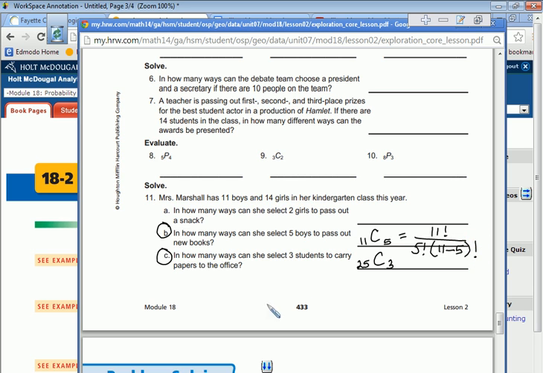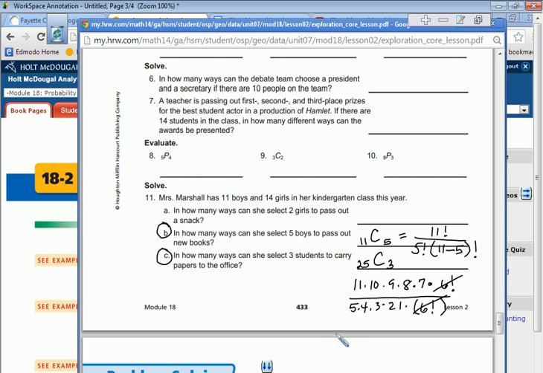All right, so how would we do this without a calculator? Hopefully you all got to this point. Because if you didn't, that means you didn't learn yesterday's lesson, or maybe I didn't show enough work on my problems. So we do 11 times 10 times 9 times 8 times 7 times 6 factorial over 5 times 4 times 3 times 2 times 1 times 6 factorial.